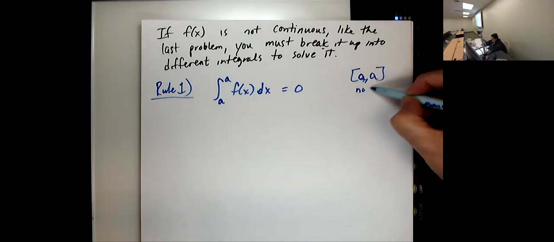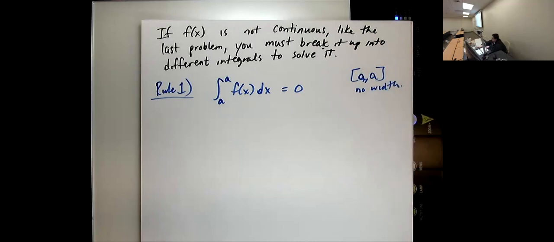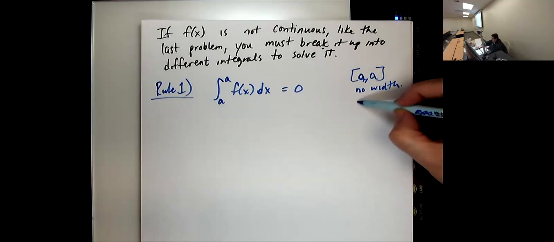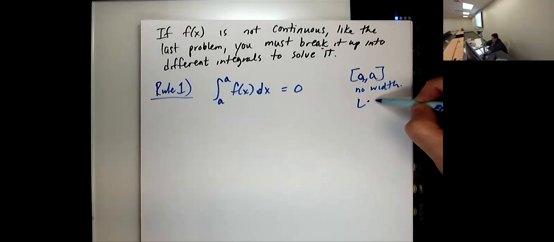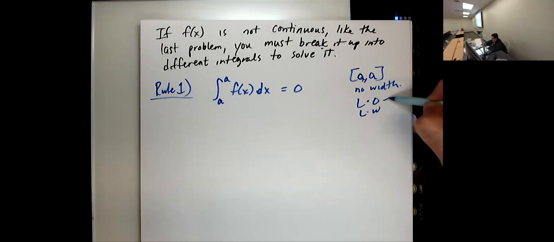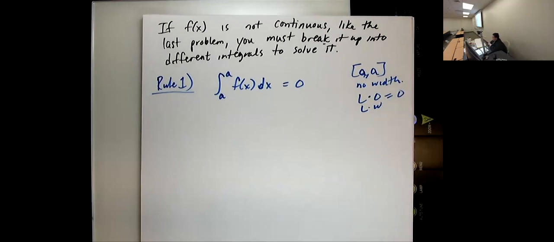A rectangle of no width, length times width, is 0. Makes sense. It seemed funny when you first hear it, but once you think, oh, area of a rectangle, it makes sense.